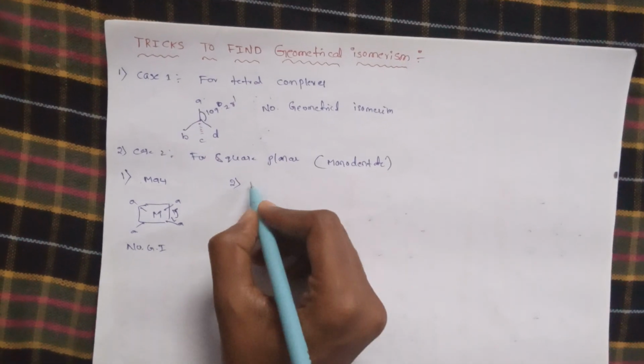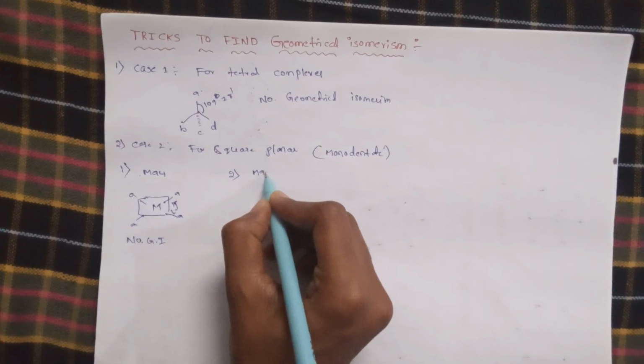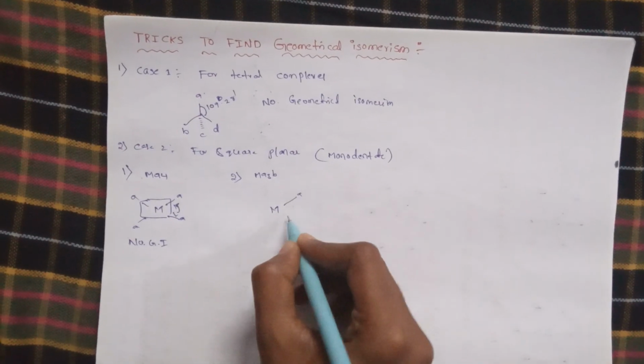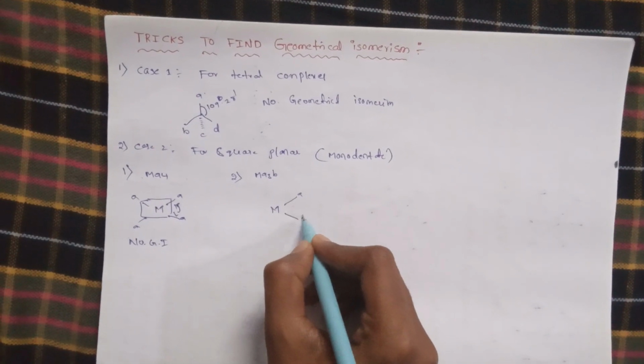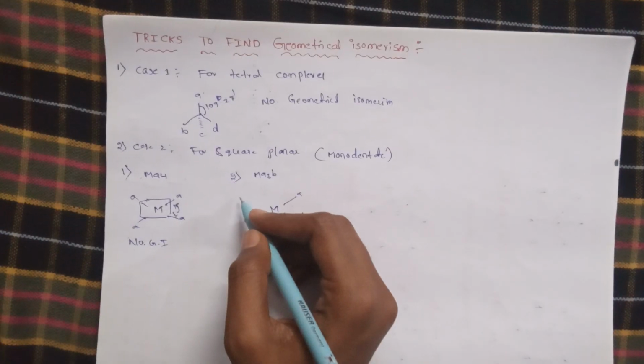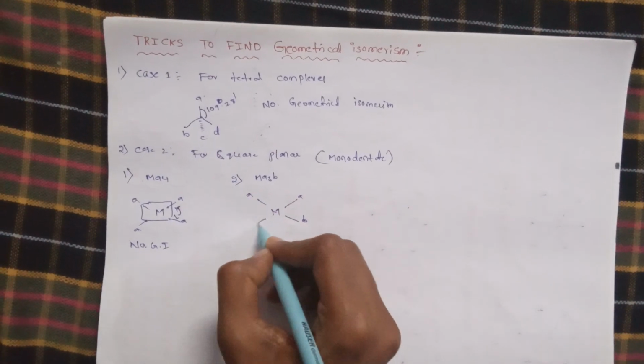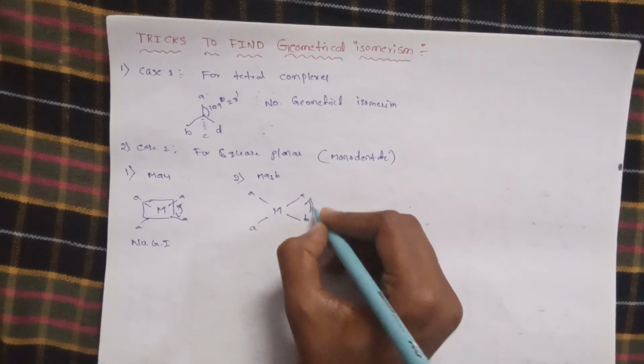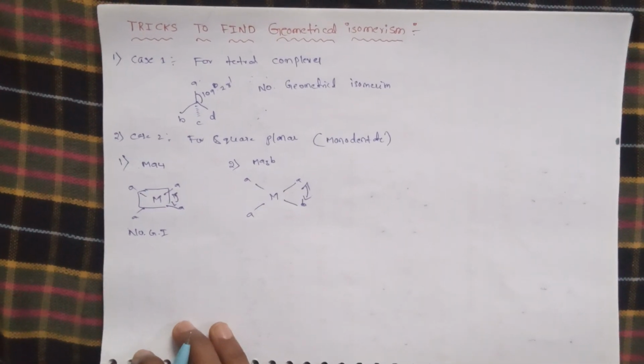And the second example, MA3B. This is the central metal atom, and you write A and B. So this is the structure. Now you flip like this. What happens when you flip?